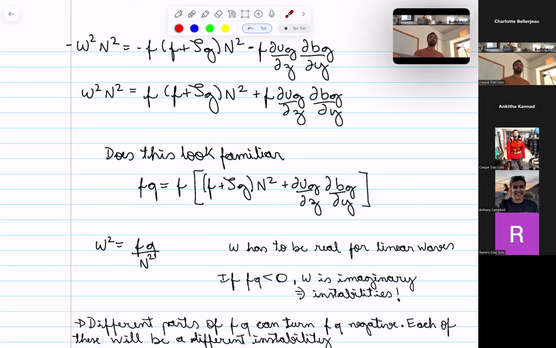So this is the main reason why people use potential vorticity to find the submesoscale instabilities. If anyone's also interested in internal waves propagating over buoyancy gradients and vorticity, this is exactly the way that you find the minimum frequency of internal waves too. So now we can go back to the slides.